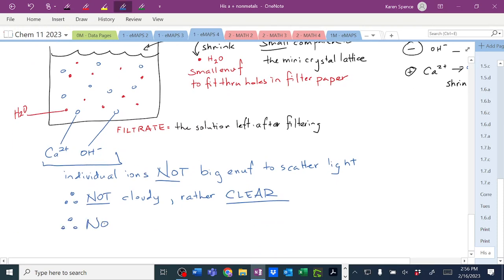Therefore, it is not a suspension. Rather, it is a solution. Whoa, that was a crazy yes.